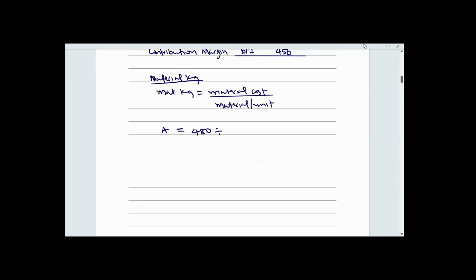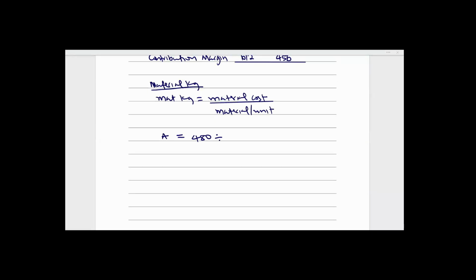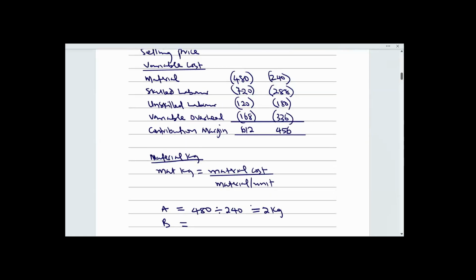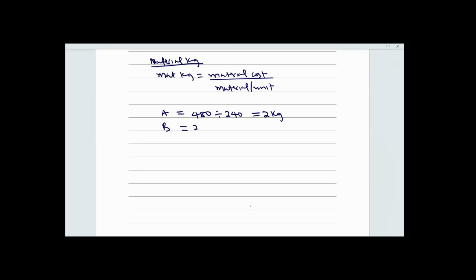The material per unit is 240. We are given 240. Therefore, this will give us 2 kilograms. Then for grade B, 240 divided by 240. This will give us 1 kilogram.